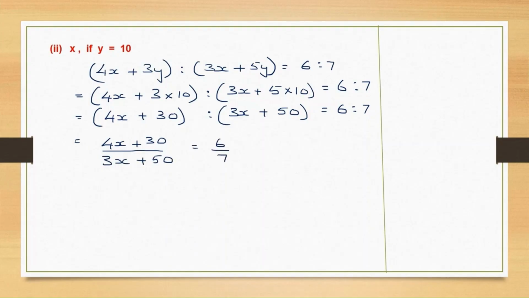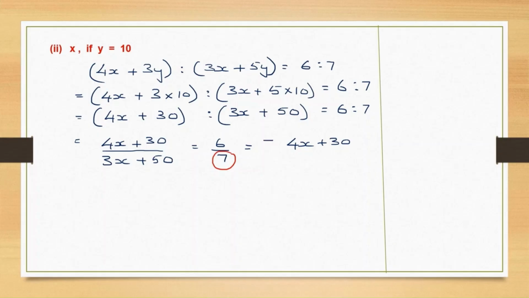Now we're going to find the value of x, so we have to do some transposing here. We'll leave 4x plus 30 as it is there. Now I'm going to transpose 7 from the right hand side to the left. Because it's division here, it becomes multiplication when it goes to the other side.